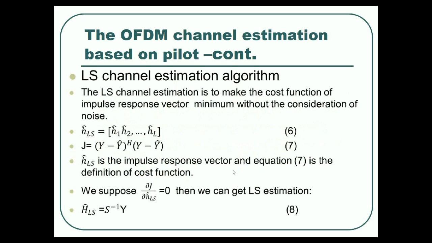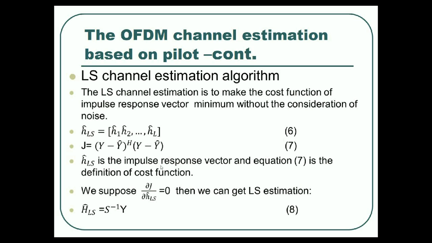Then I will discuss three kinds of estimation algorithms. The first one is LS channel estimation. This estimation just makes the cost function of the impulse response vector minimum without the consideration of noise, which gives equation 6 and equation 7.